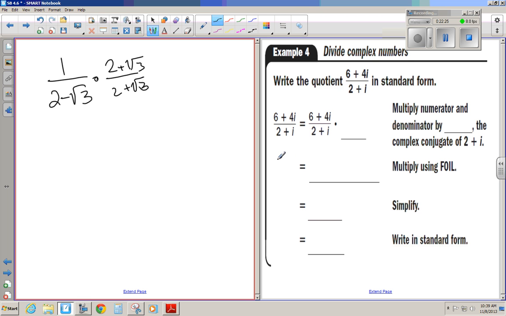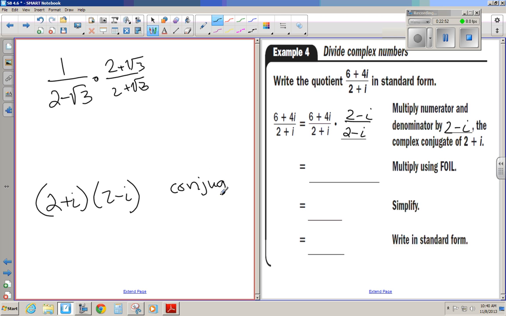So what you're looking at, you're going to multiply the numerator and denominator by 2 minus i. And what that'll end up doing is it'll actually get rid of the i part in the denominator. When you do 2 plus i and 2 minus i, these are conjugates. The inside cancels out.